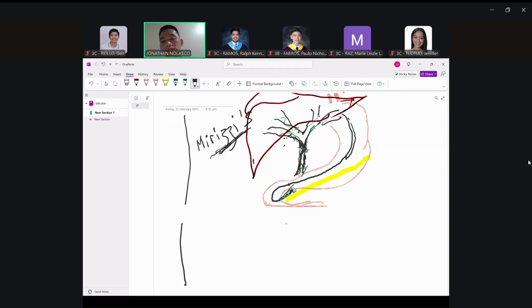Or if that is not successful, then we do a procedure called common bile duct exploration. And that can be done by cutting open the bile ducts and then extracting the stone from above. And that is done together with the cholecystectomy, whether laparoscopic or open.